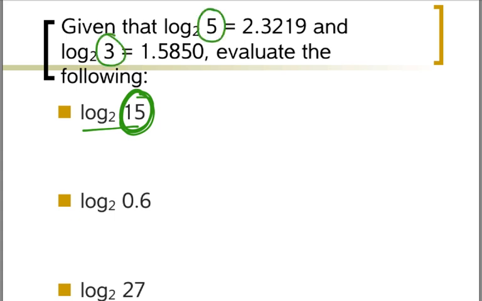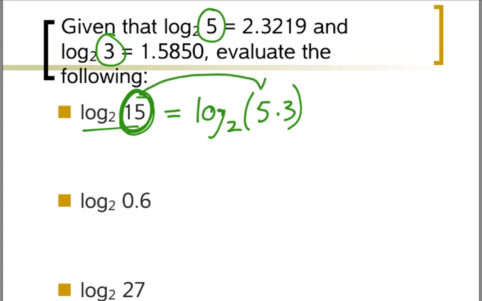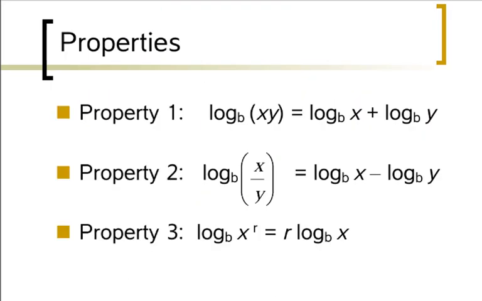Well, as far as I can tell, 5 times 3 is 15. So I can rewrite this to be log base 2 of 5 times 3. 5 times 3 gives me 15, and so really I just rewrote the same log, which helps me because this, when it's multiplication, looks a lot like this property right here, that I can rewrite it as addition.